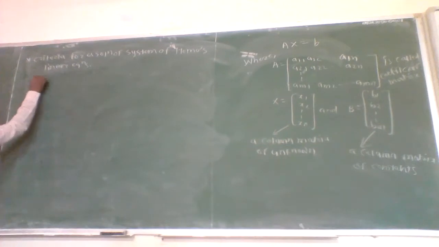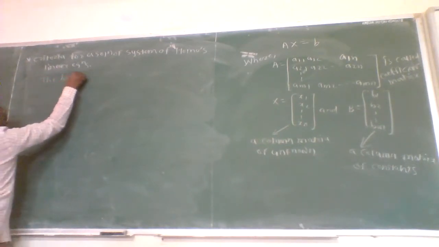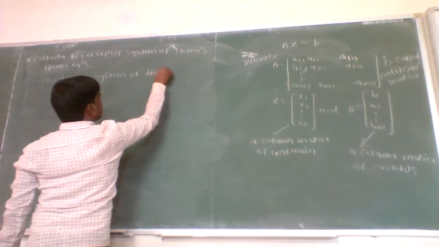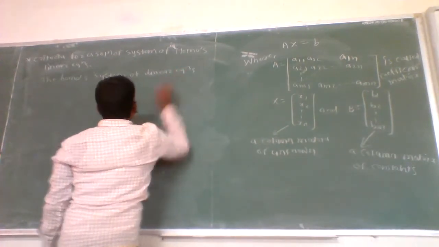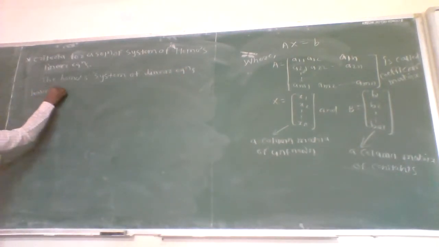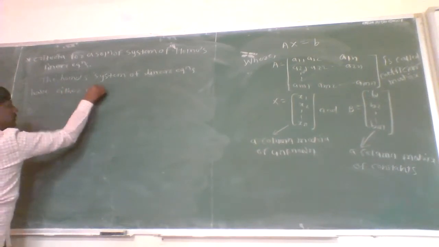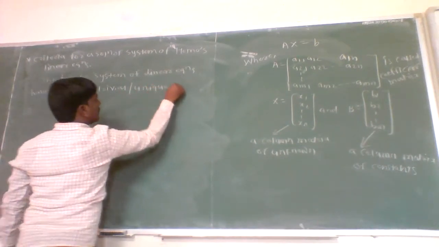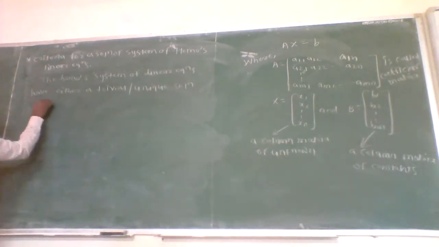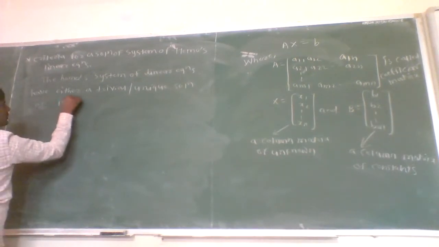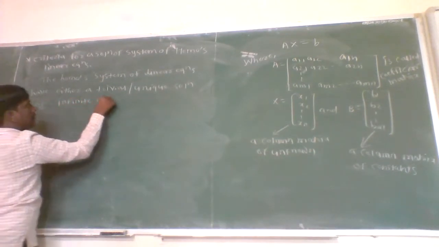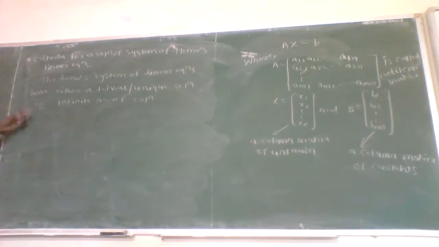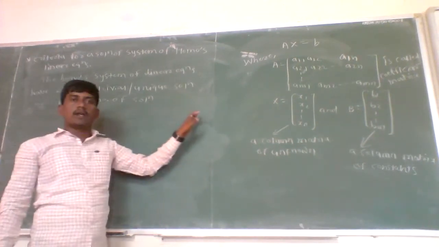Now, the homogeneous system of linear equations has either a trivial, that is the unique solution, or it has infinite number of solutions. Now we have to see when the given homogeneous system of linear equations has a unique solution and when it has infinite number of solutions.